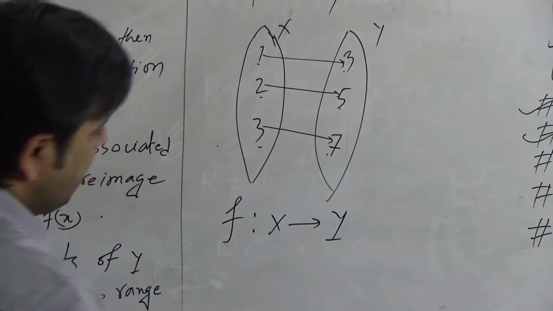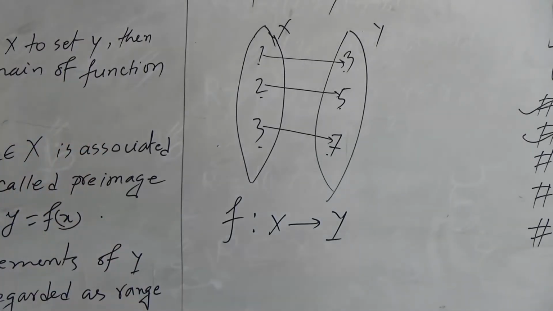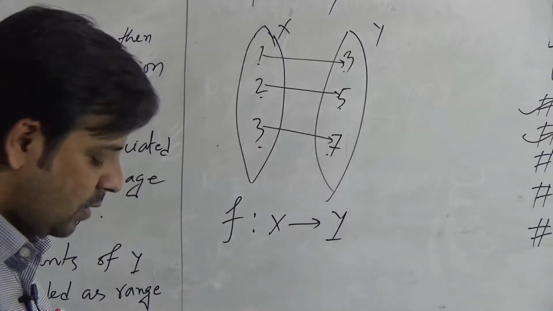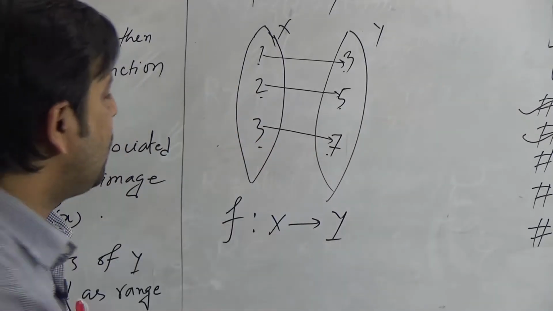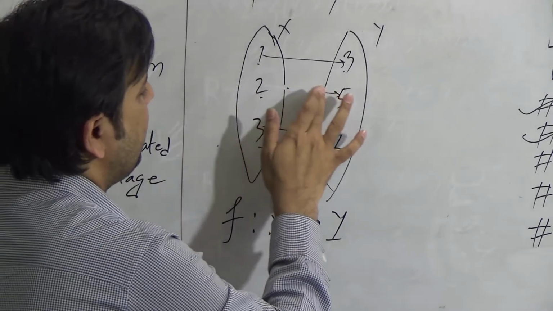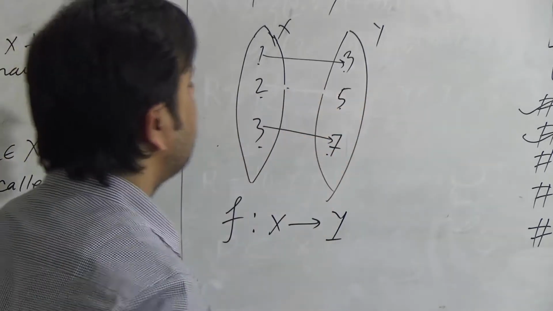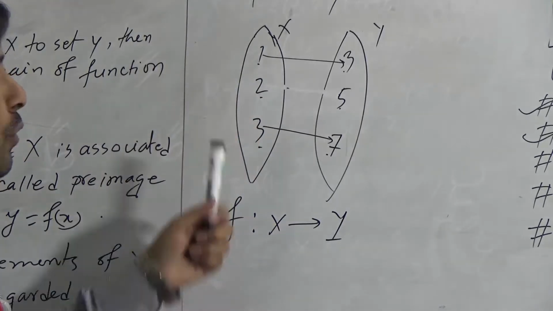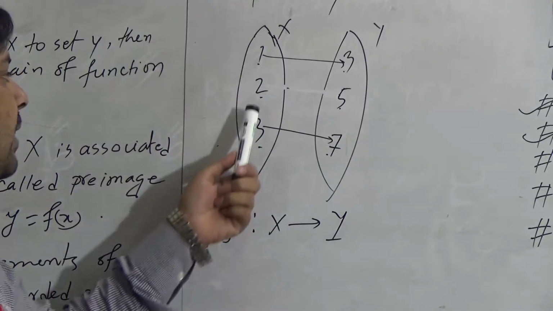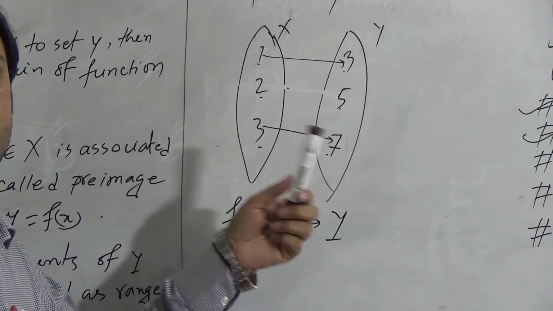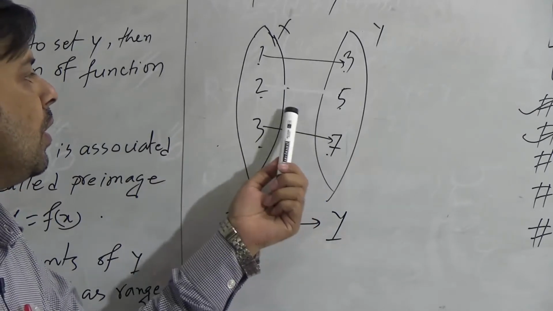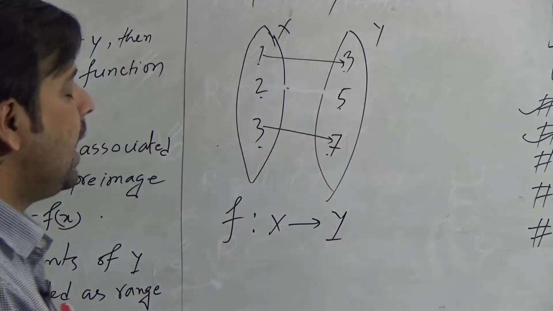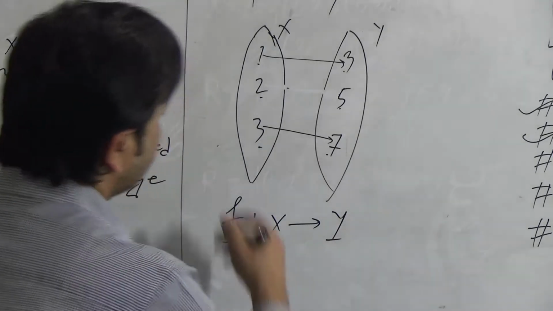So in this case you need to remember that if there is any element which is not related with Y, suppose 2 is not related with any element of Y, then f will not be a function, as there is one element which is not related to any element of Y.